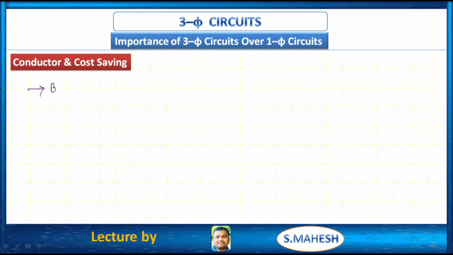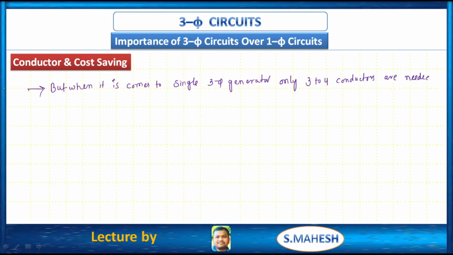But when it comes to a single 3 phase generator, only 3 to 4 conductors are needed, or we can say 3 to 4 wires.